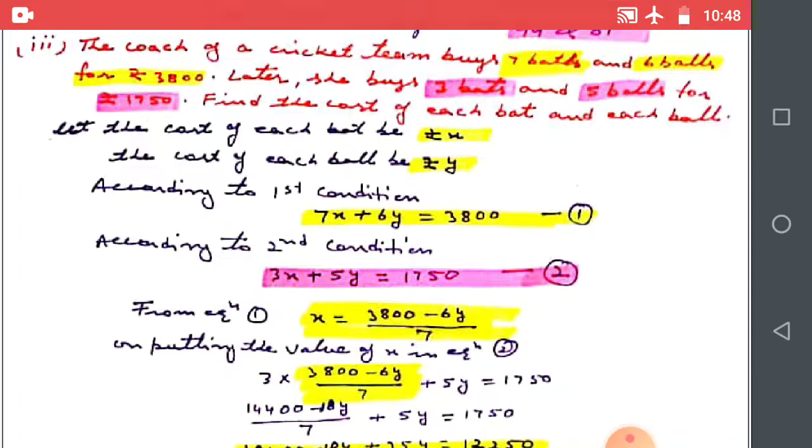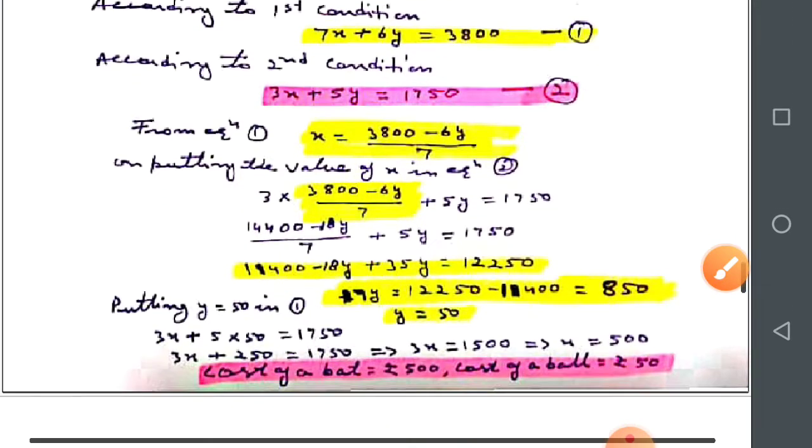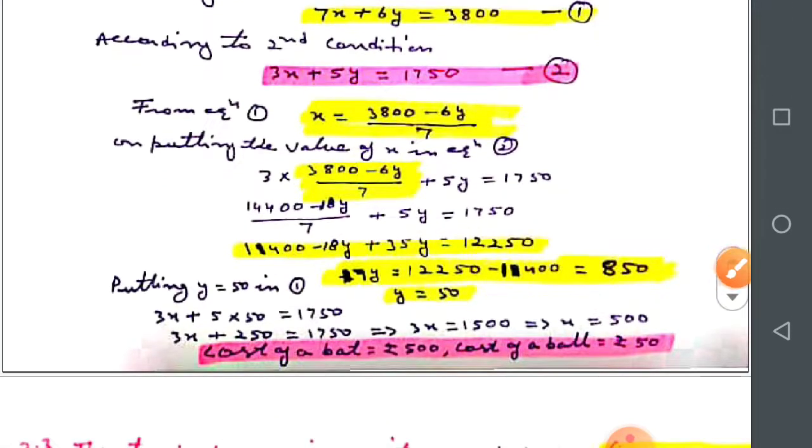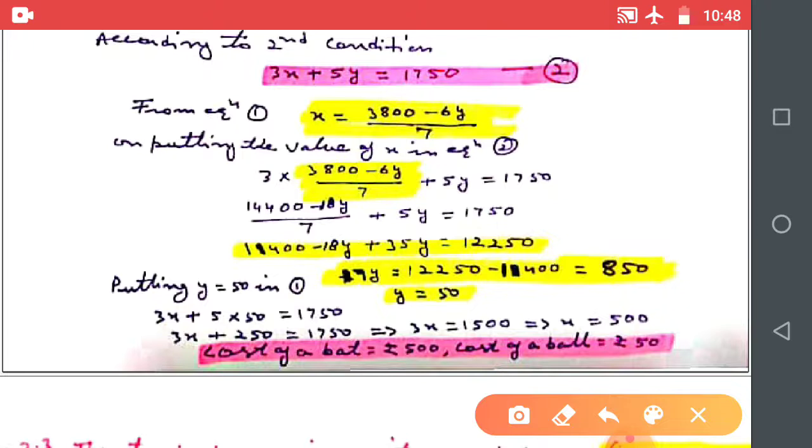Right? So when you solve these steps, you will get the value of y as 50. Now put this value of y as 50 in equation 2.